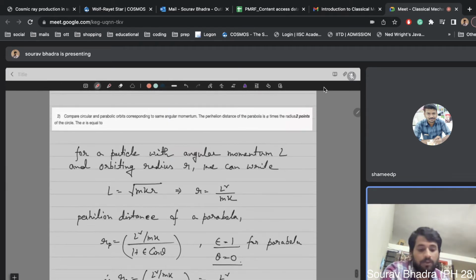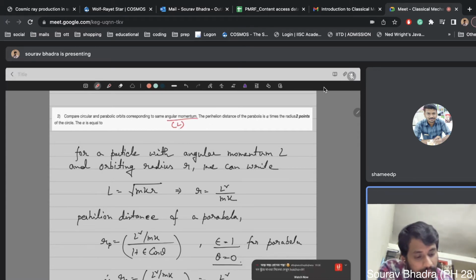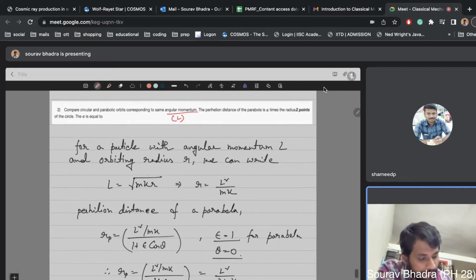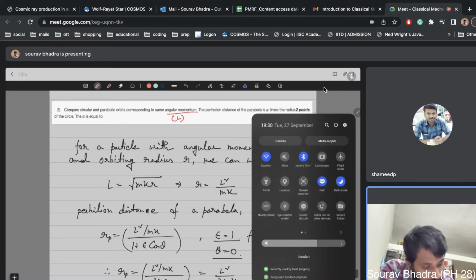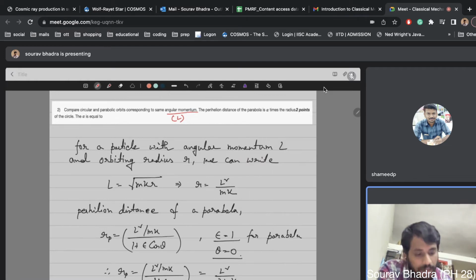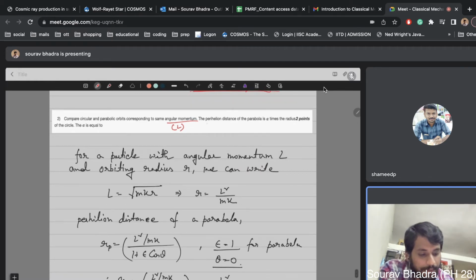Here it has been asked to compare the circular and parabolic orbit corresponding to the same angular momentum, that means your L is the same. The condition is given that the perihelion distance of the parabola is alpha times the radius of the circle. Then we need to calculate alpha.